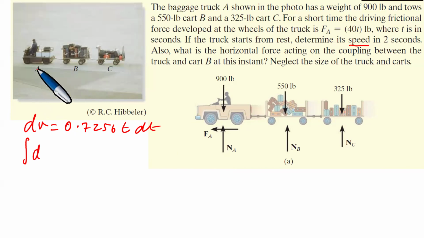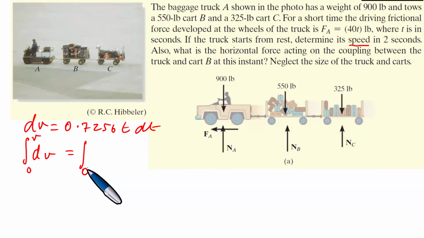So you find this one. We have this one, 0 to v.